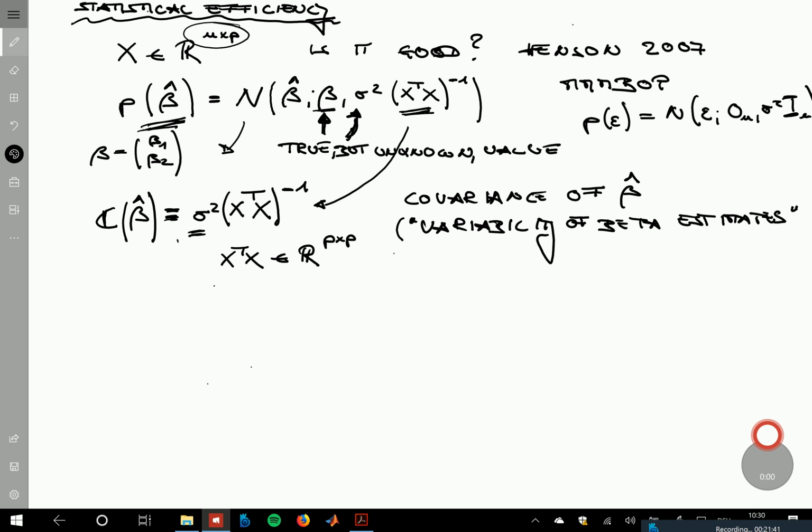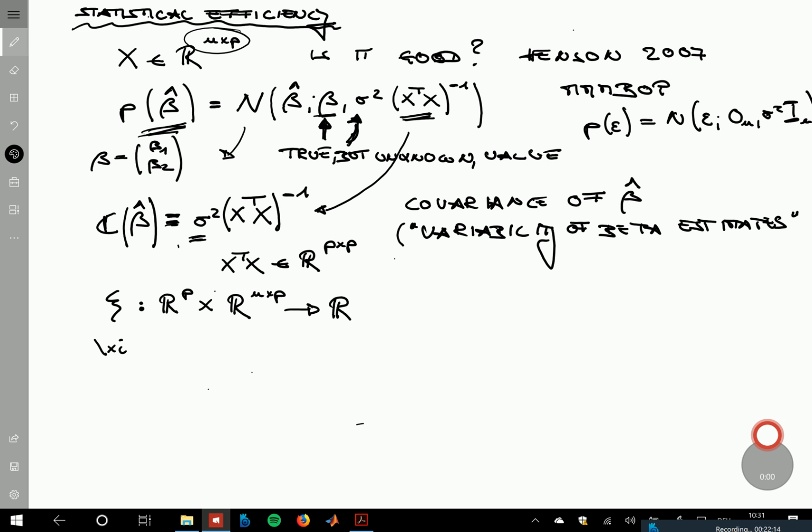And this then results in the following function, which is the letter xi, which is this criterion that is proposed by Hansen and colleagues. So you take a contrast vector, you take a design matrix, and you evaluate a single number.